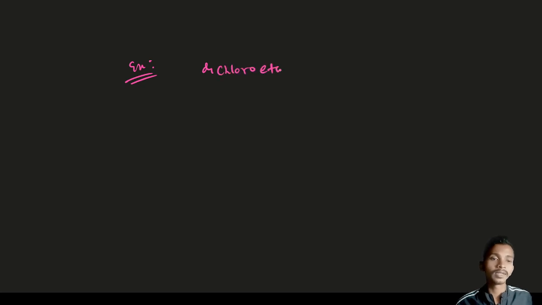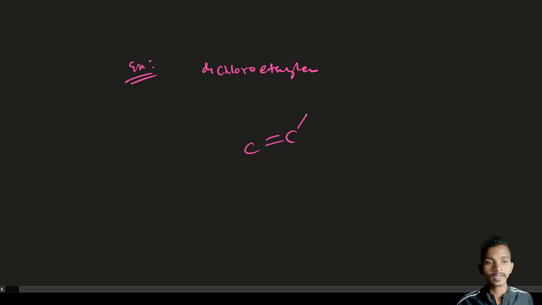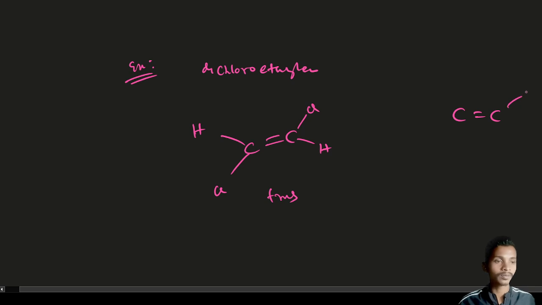Like if we discuss dichloroethylene, two types. If I take Cl, and H, this is trans, and another, Cl and H, this is cis.